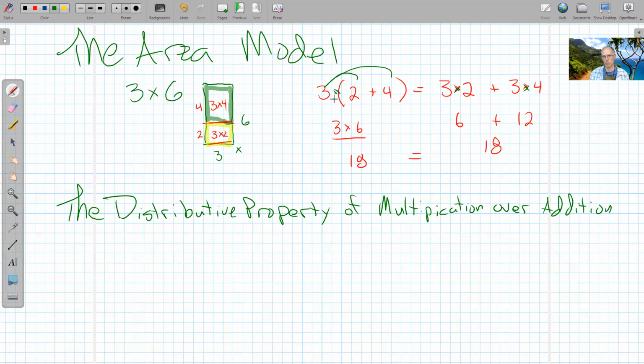The multiplication up here jumps over the addition to be carried out on each side of the addition. And that's just a consequence of the fact that multiplication is an area, and we have the same base in both parts of the room. And so that's a very important property, mixing multiplication and addition together.